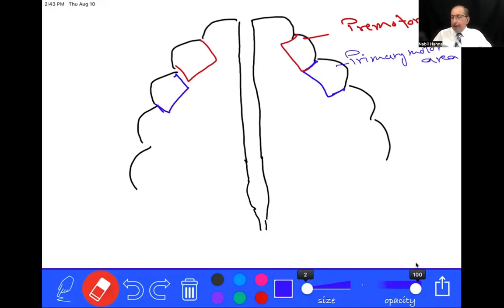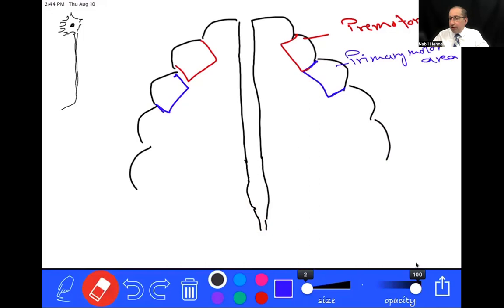Now, each area has cells. The primary motor area has the nerve cells of the pyramidal tract or pyramidal system, and the premotor area has the nerve cells of the extrapyramidal system. So, by the way, every neuron is made of a cell body like this that has the nucleus and a long axon or nerve fiber.